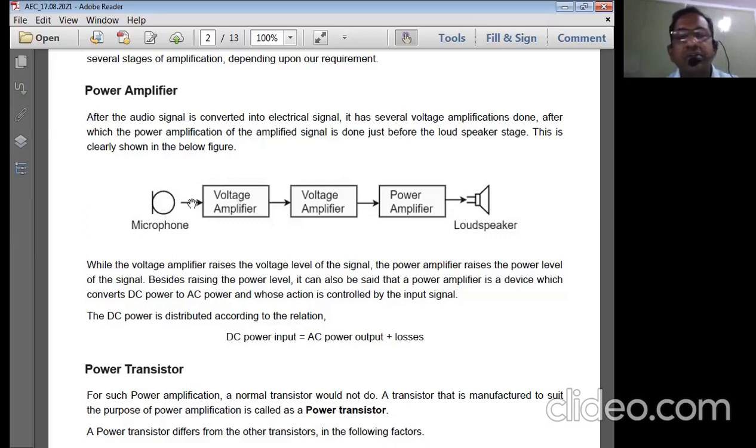So the voltage level of the input signal gets amplified further and further. You're going to have a chain of voltage amplifiers. Depending on the requirement of the loudspeaker, we may use 2, 3, or 4 voltage amplifiers. It all depends on the application we're dealing with, but a chain of voltage amplifiers will be used after the microphone.